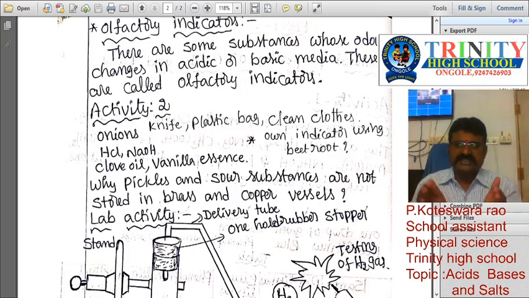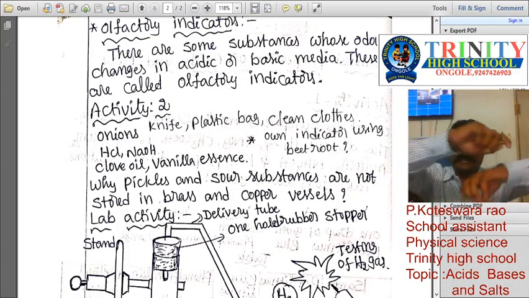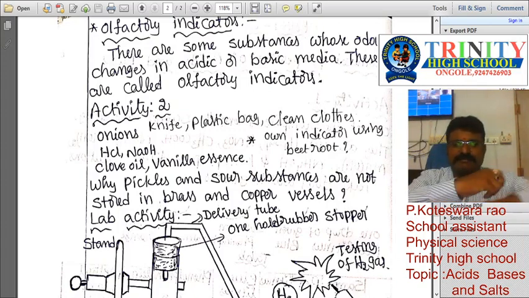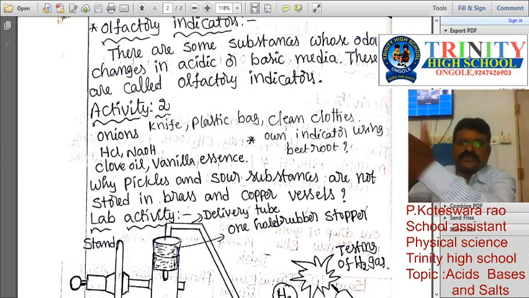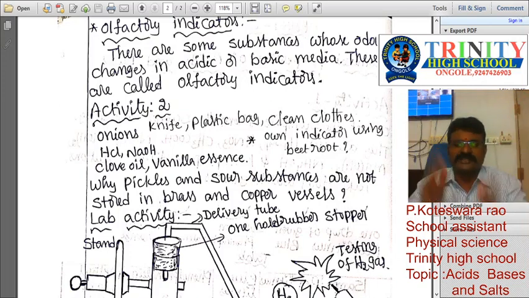These small pieces of onions are placed in a plastic bag and we add 2 clean cloths, meaning cloth strips, and its mouth is tightly fixed with the help of thread. This bag is placed into a fridge and kept for the whole night.